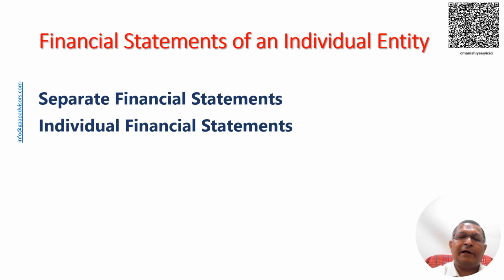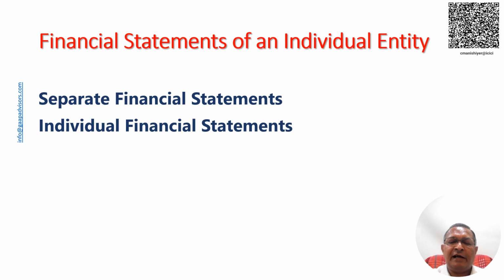Therefore, when a company has either a subsidiary or joint venture or associate, the company is required to prepare consolidated financial statements, which include the financials of the subsidiary or joint venture or associate as one single economic entity. When that company prepares its own financial statements, in addition to consolidated financial statements, in which it shows investment in subsidiary or joint venture or associate as one of the financial assets, those financial statements are called separate financial statements.